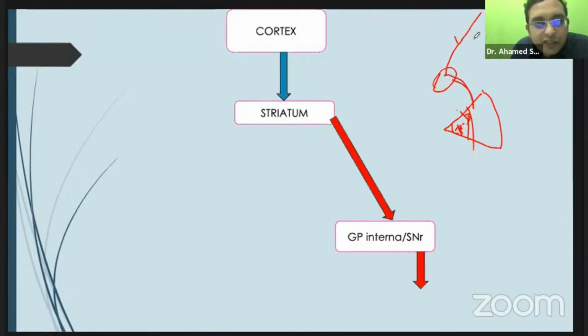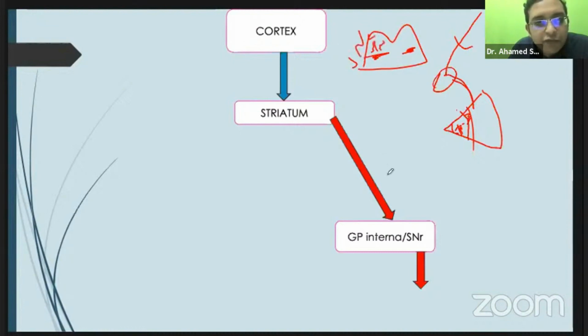That is a positive stimulus. And what happens is this striatum gives inhibitory stimulus to the interna, which is similar to what is there in the substantia nigra. Substantia nigra, that is within the midbrain, has 2 parts: substantia nigra compacta and substantia nigra reticulata.